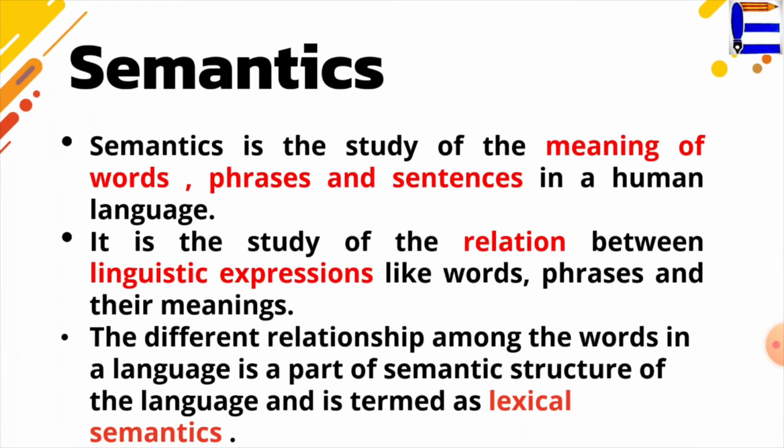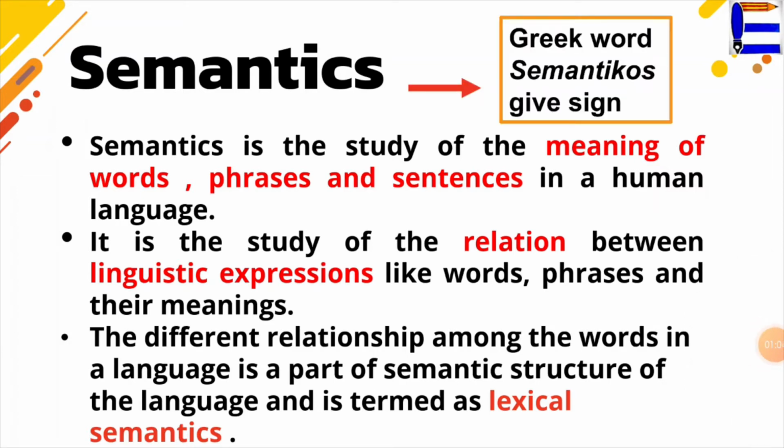Now, we have come to the actual point from where you need to write as an answer to topic 1.1 of your Unit 1. Let's know what is semantics or semantic structure. Do not get confused by this technical term. Semantic means meaning. The word semantics is derived from a Greek word, semantikos, which means give sign.